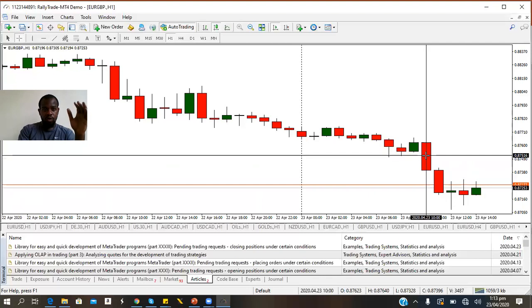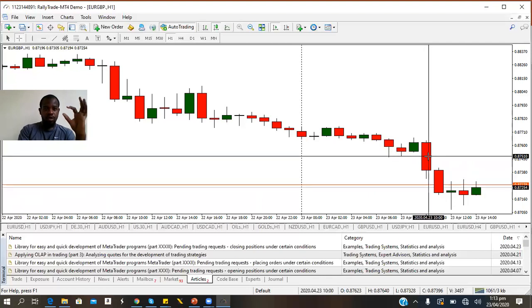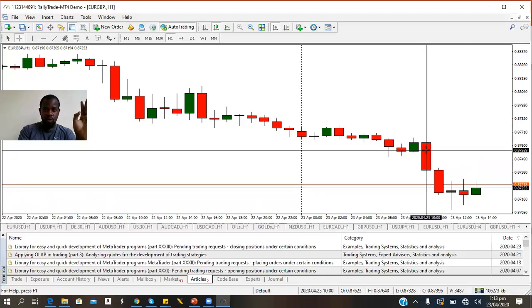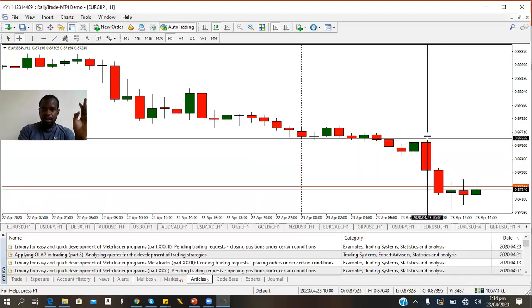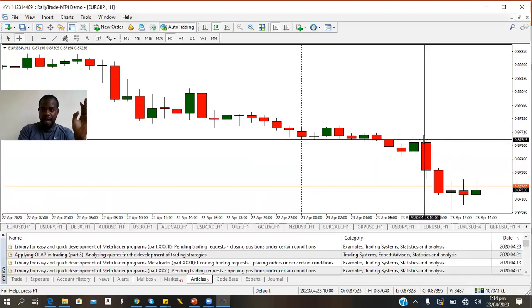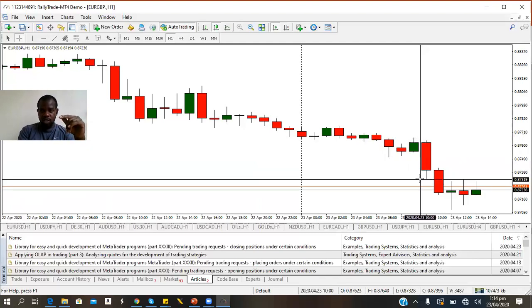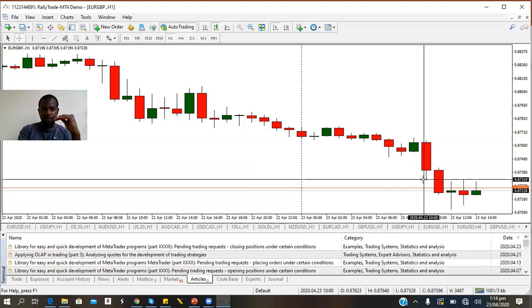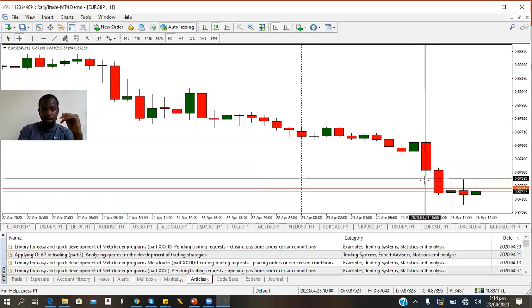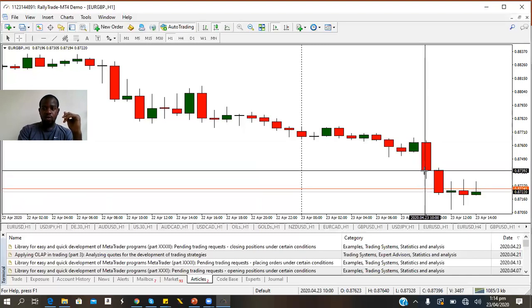This was what happened for Euro, Great Britain pounds within the hours of 10 o'clock and 11 o'clock. So it opened here, went here, formed this highest point, which is the top of the wick. It formed this lowest point, which is the low of this particular candlestick. And then it closed this market.